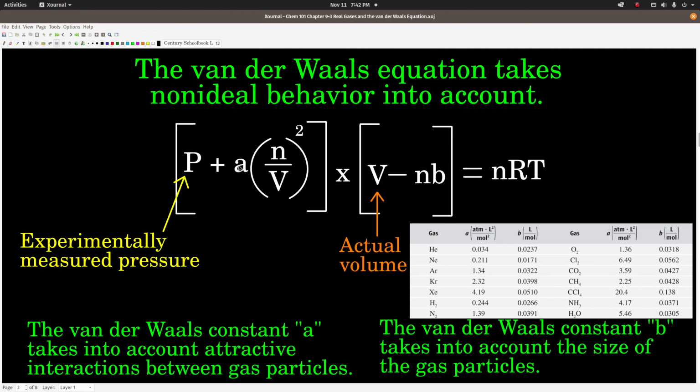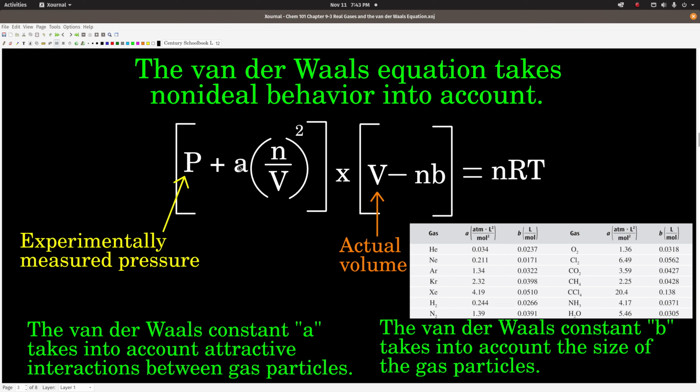The attractive interaction between these particles will slow them down as they're zooming around inside that container and come close to each other. In reality, they will interact, and the attractive interaction will slow them down just enough for them to start pulling each other together.